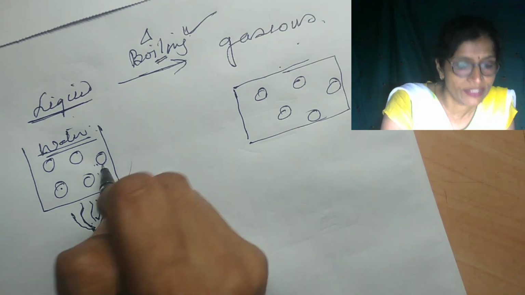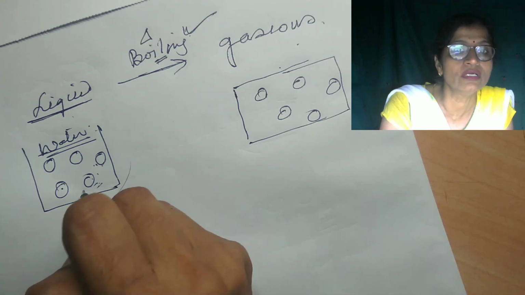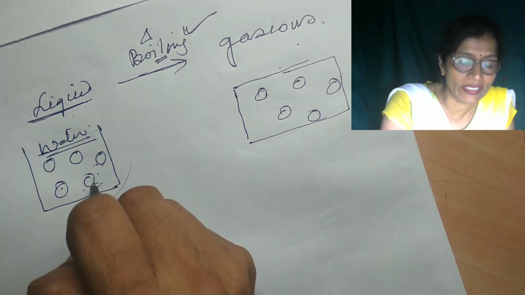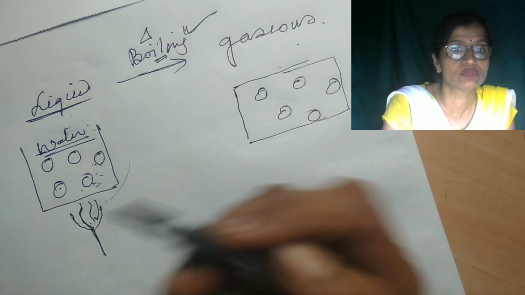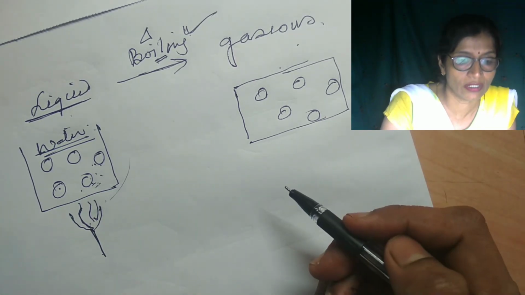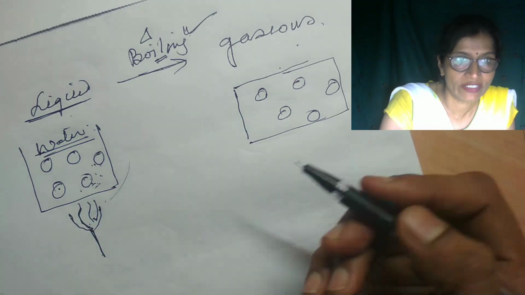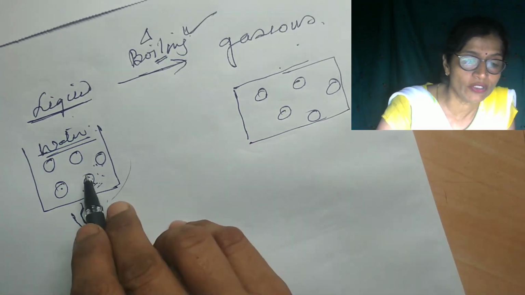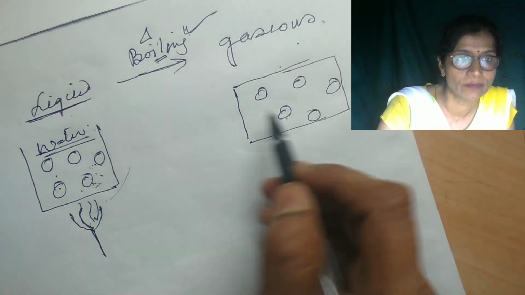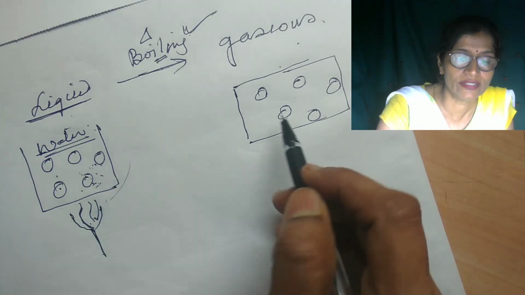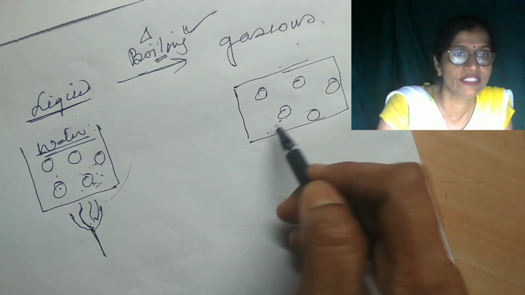The absorbed heat energy will increase the average kinetic energy of the molecules. If the average kinetic energy increases, then molecules start vibrating vigorously compared to the liquid state. So the intermolecular space between the particles increases, and intermolecular force of attraction decreases.